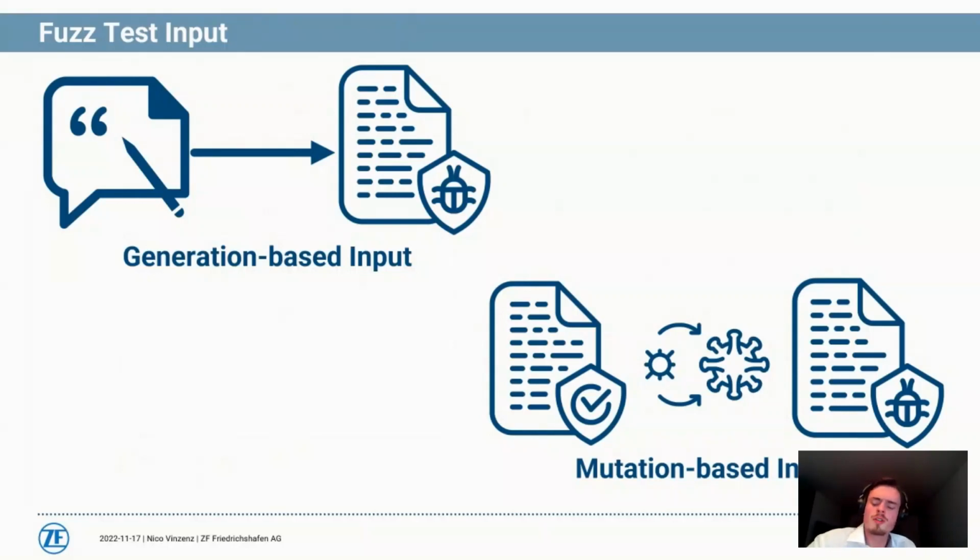So if we want more test rigor and deeper penetration into the system, we would need some kind of formal grammar or model describing the interface very well, and having defects or malicious changes implemented at specific points, which will then penetrate or may cause defects in the test target. The same holds for mutation-based input, where we have a test corpus built based on valid input data, which is then mutated on certain fields to cause those defects.